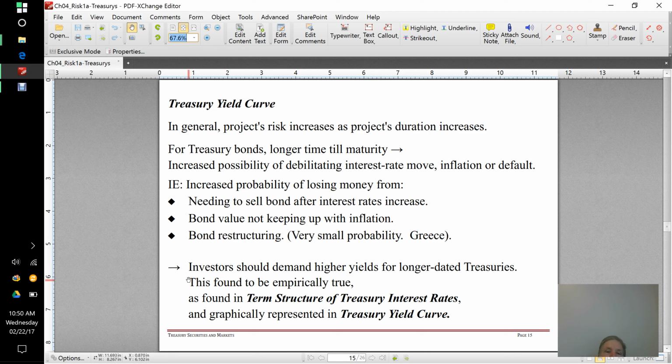Okay, so therefore, for all these reasons, investors should demand higher yields, higher RRFs for longer dated treasuries. This is found to be true empirically, as recorded in the term structure of Treasury interest rates and graphically represented in the Treasury yield curve.